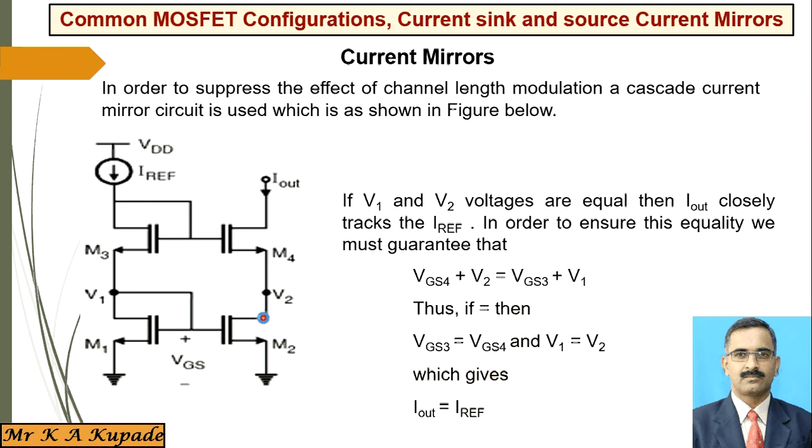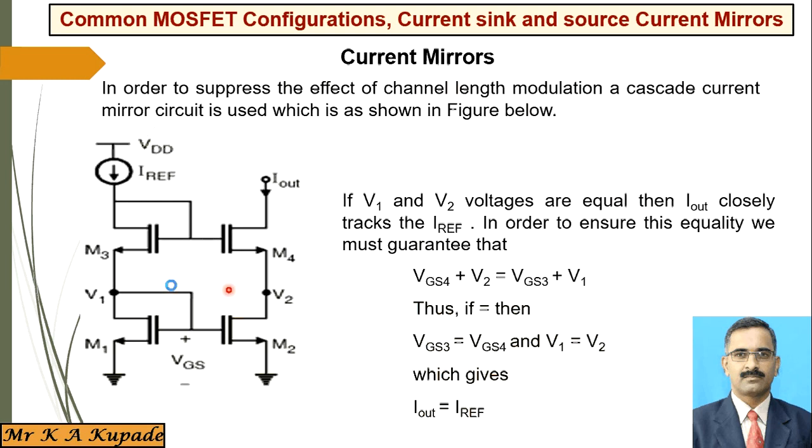If VGS3 is equal to VGS4, and we are cascading, then whatever VGS3 we get is equal to this VGS4. This VGS and this VGS are the same.